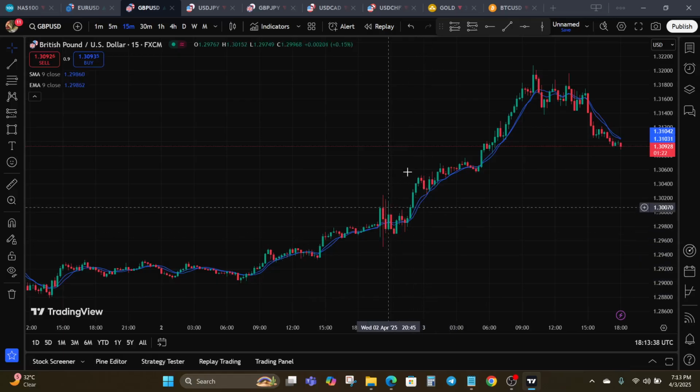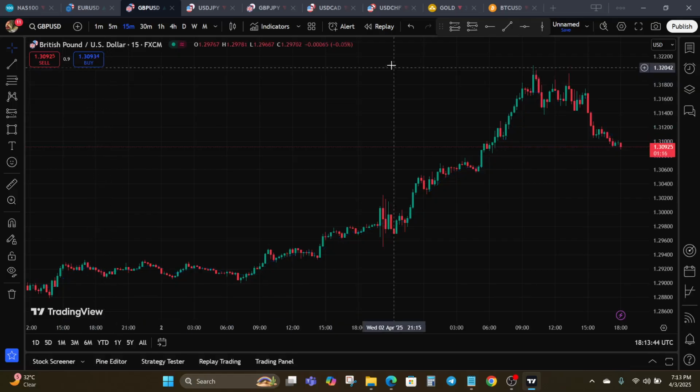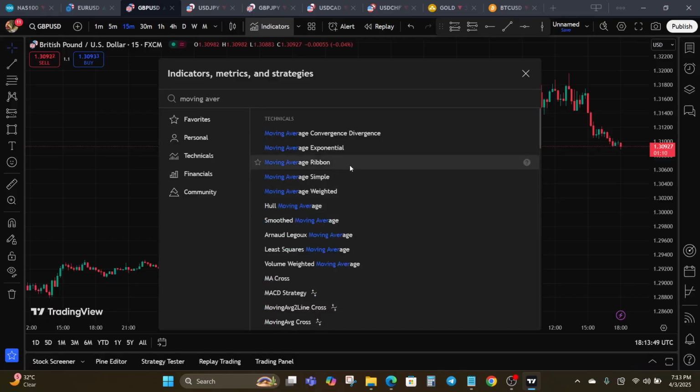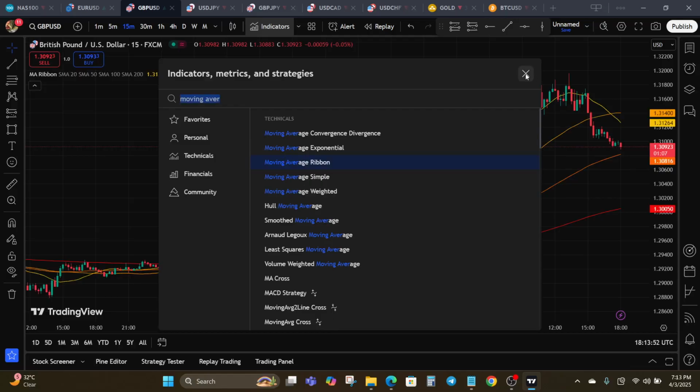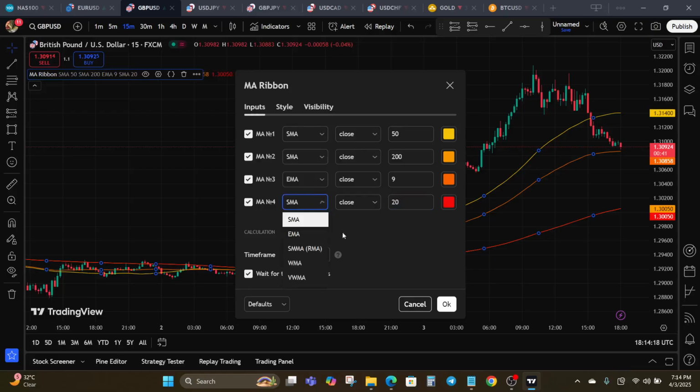What we're going to do now is use the ribbon moving averages so that we can add different periods at a time. We are going to be using the 50 period SMA, the 200 period SMA, the 9 EMA, and the 20 EMA.